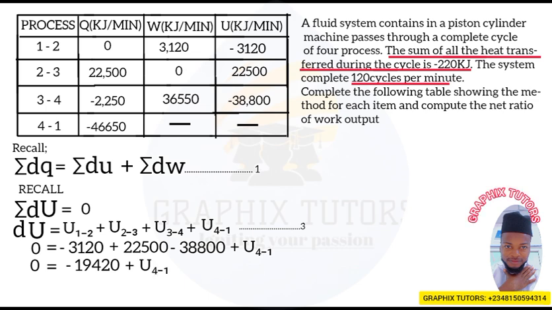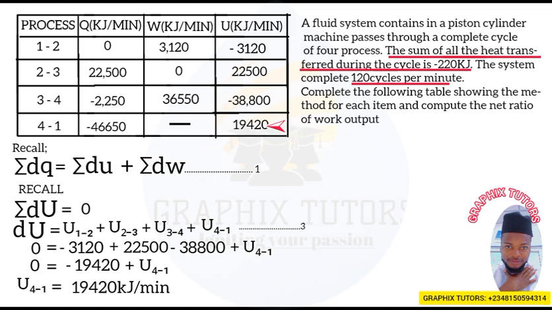Now, if I take the negative 19,420 to the left-hand side of the equal sign, I'll be having my U4 to 1 to be equals to 19,420 kilojoule per minute. Is that taken now? So that's what we have at this particular point here.